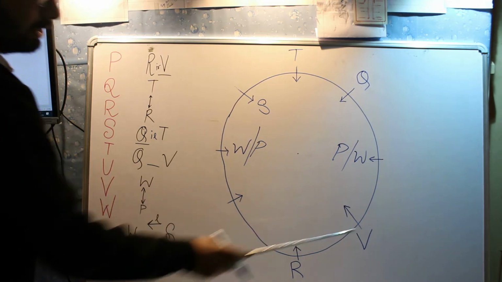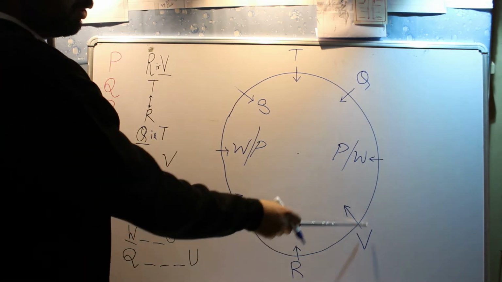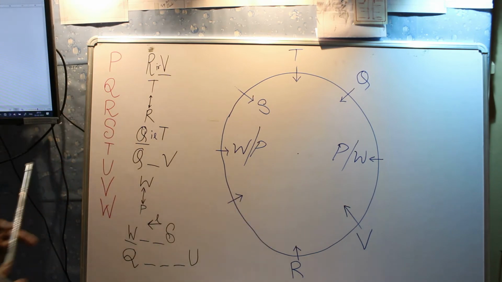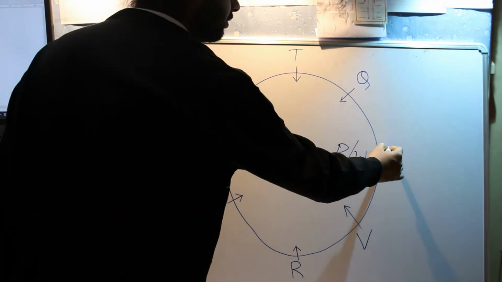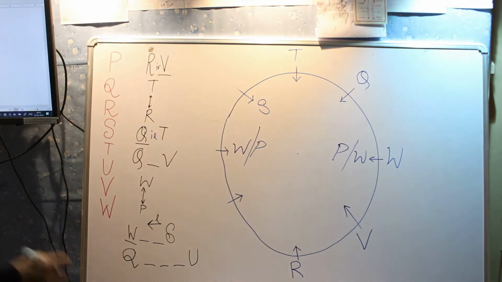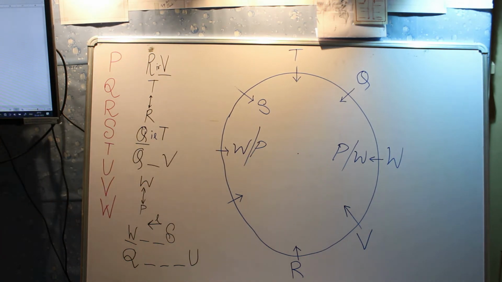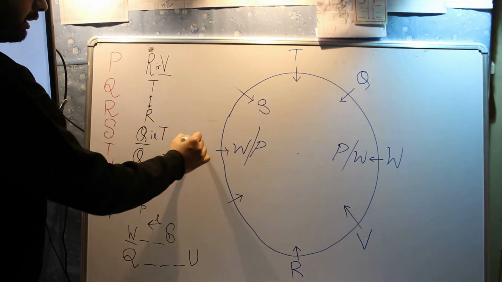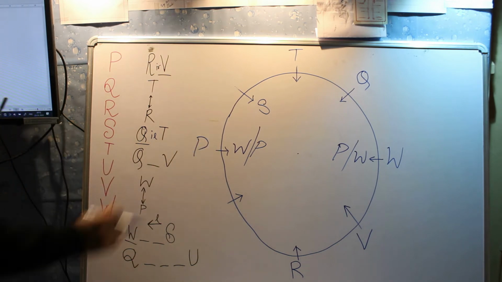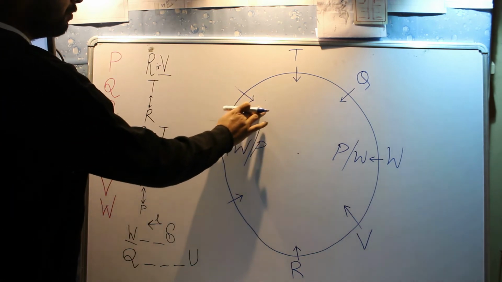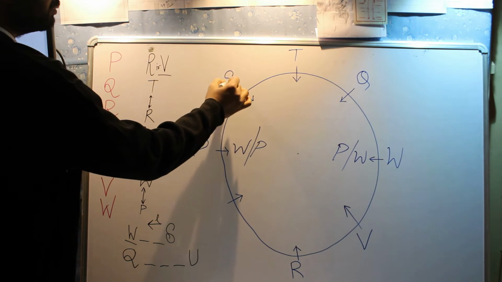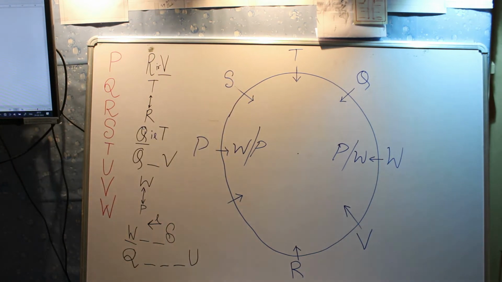This has to be S. But V has already occupied this position. So the only possibility is for W to be in this position. Right? And W is facing P, so P has to be here. And the confirmed position for S is this. Okay.